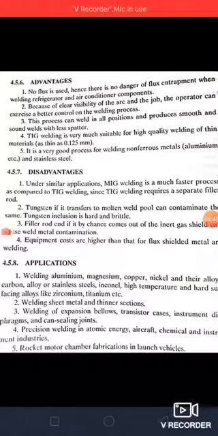So these are the advantages of TIG welding. The first advantage is that no flux is used, and there is no danger of flux entrapment when welding refrigerator or air conditioner components. Air conditioner and refrigerator components, such as the condenser pipe and cooling coils, are made up of very thin material.